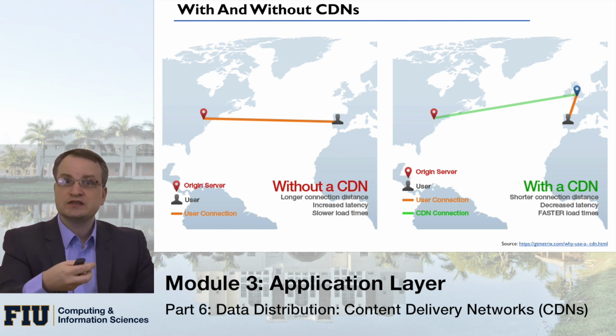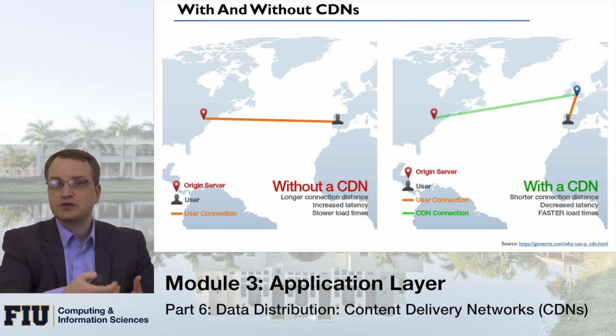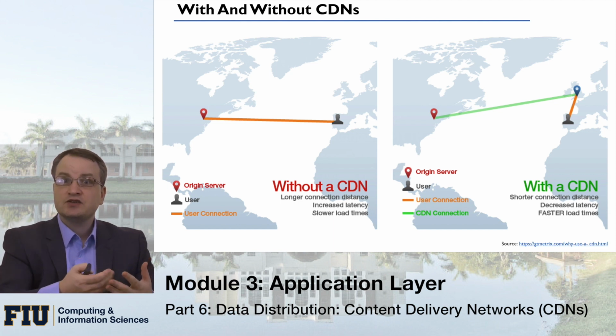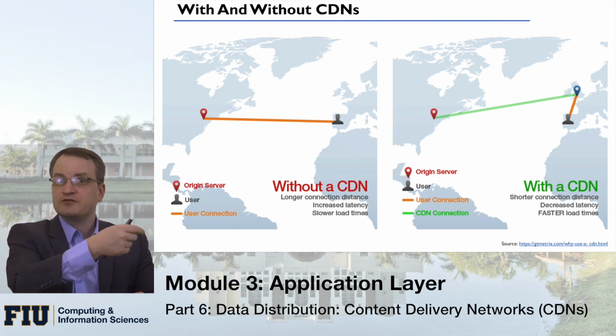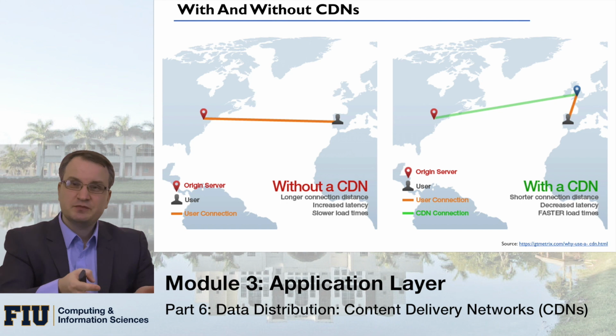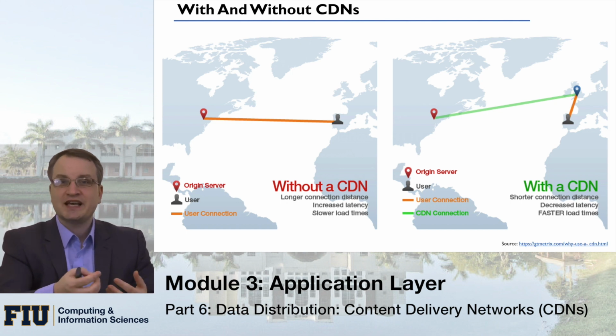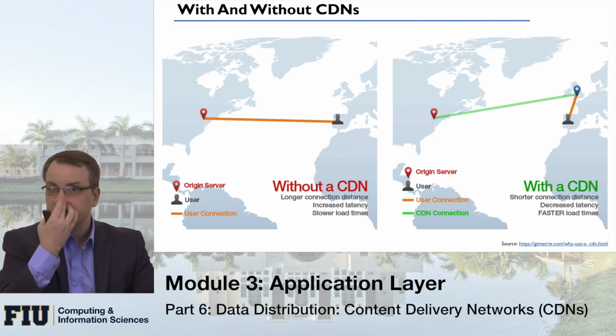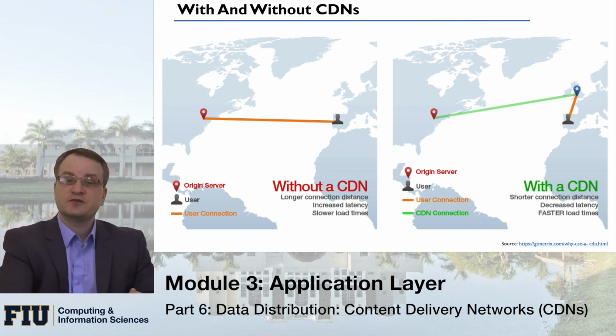Without the CDN service, if you're in Europe and trying to connect to Netflix servers that are only provided within the US, then you have to go far, far away. And TCP, unfortunately, doesn't handle large RTT connections too well, and we'll talk about this more in the next module.